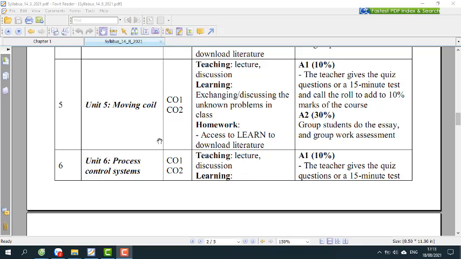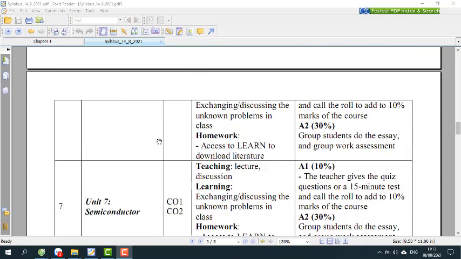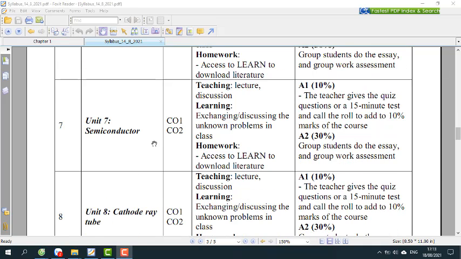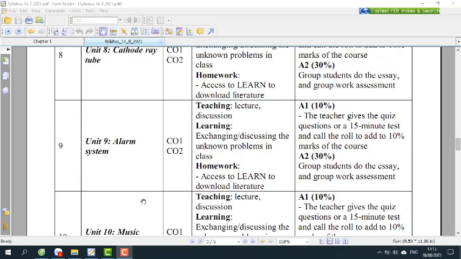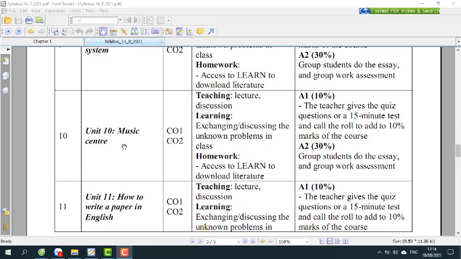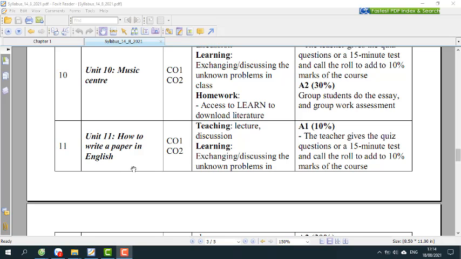Unit 6, process control systems. Unit 7, semiconductor. Unit 8, cathode ray tube. Unit 9, alarm system. Unit 10, music center. And Unit 11, how to write a paper in English.